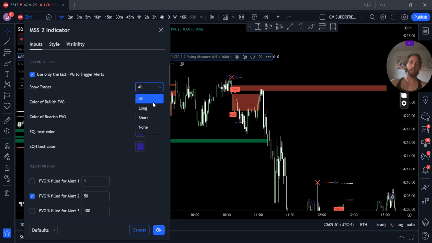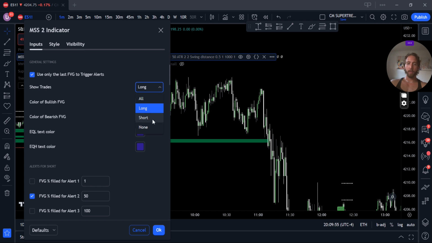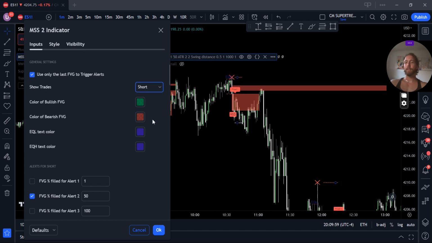So you can decide if you only want it to show longs or only shorts. That allows it so that if you have this indicator set up to a trading bot and you know the direction is most likely going to be up, you can only have it trigger the bullish trades. That's honestly one of the most helpful things on this indicator.